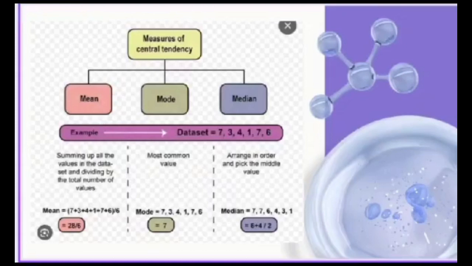In our data set there are 2 numbers that are the same. So that is the mode. Automatically, the number 7 in the data set is the mode, the answer to your mode distribution. So that's all about the measures of central tendency: the mean, median, and mode.